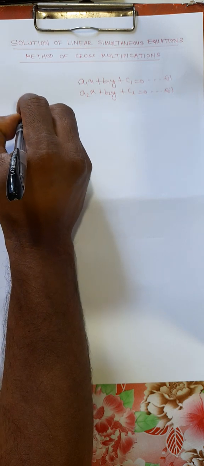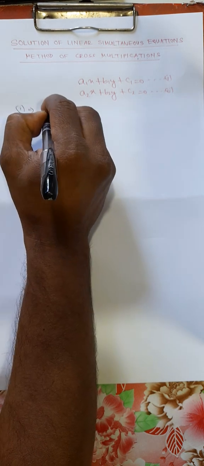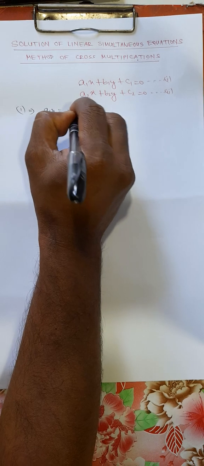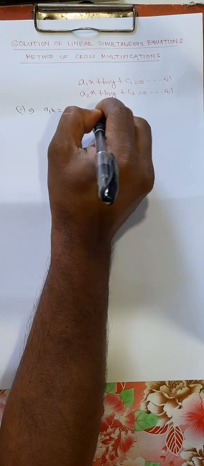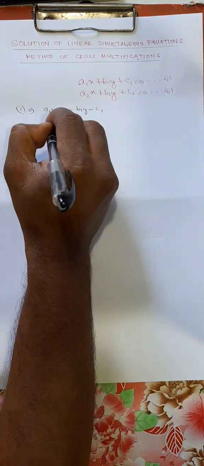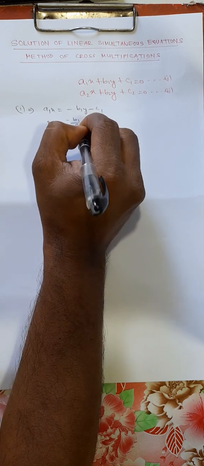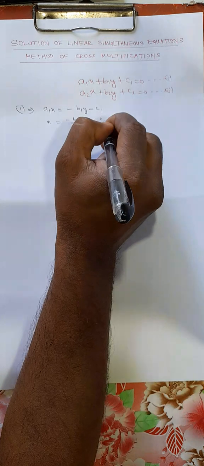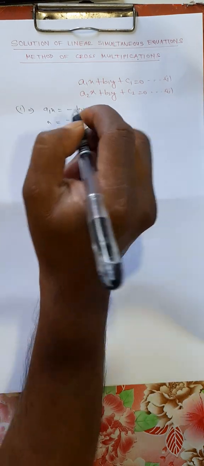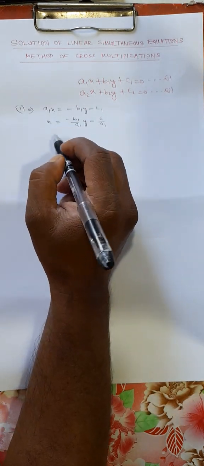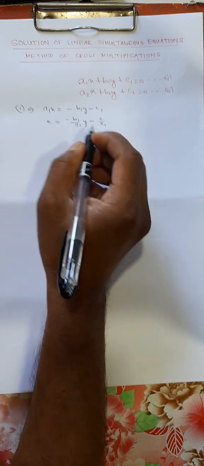So equation 1 implies that a1x equal to minus b1y minus c1. So what is x? x equals minus b1 by a1 y minus c1 by a1. That means we find x in terms of y from equation 1.